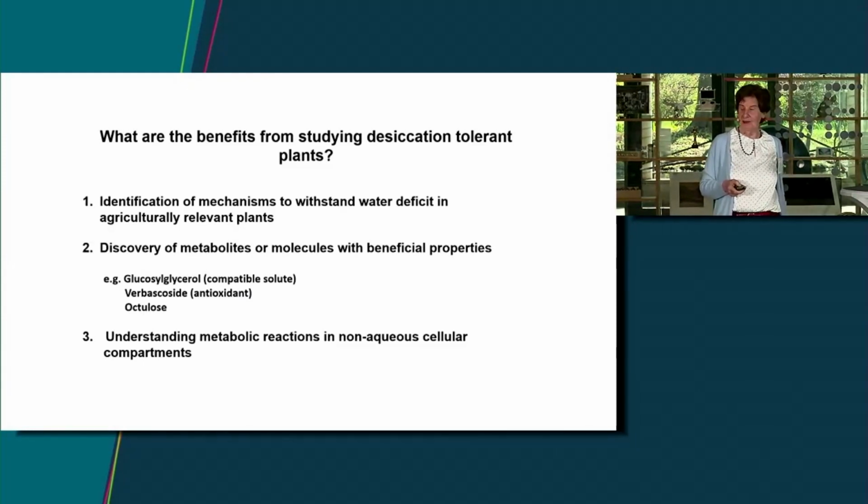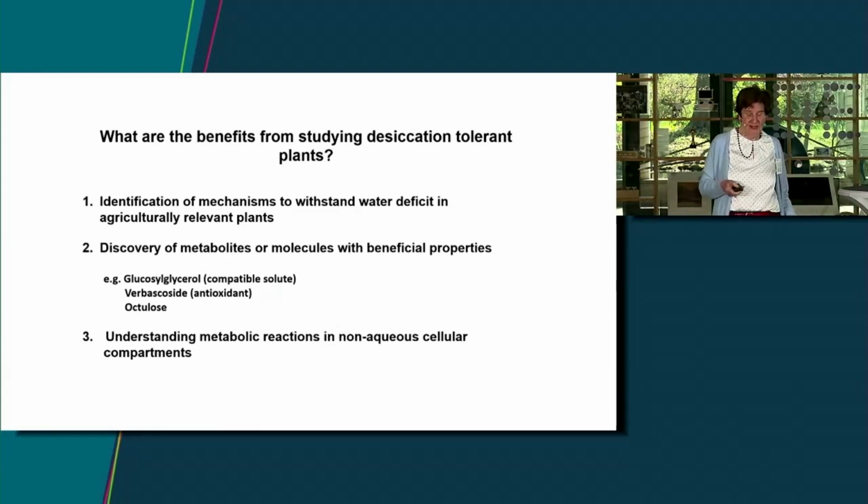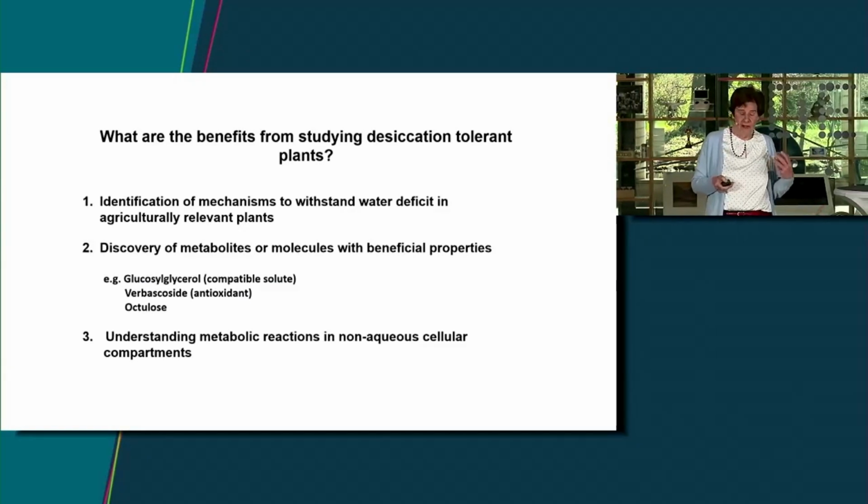We heard yesterday that a benefit of these studies is the discovery of interesting metabolites. I just listed 3 here, which we have identified and studied a little bit. This is a compatible solute, a glycerol derivative. There is the antioxidant verbascoside, which is a phenolic compound.